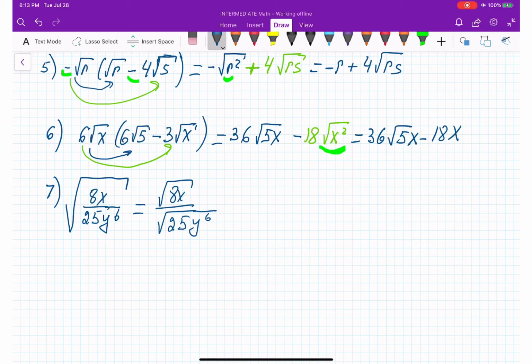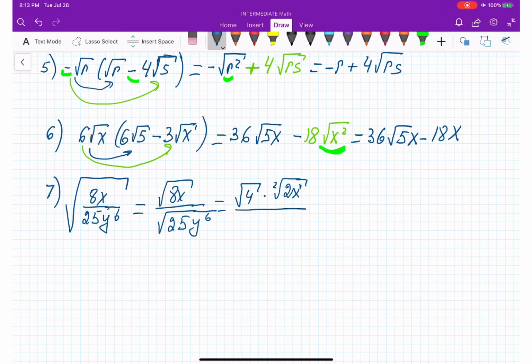Okay, square root of 8. What can I do? I can break it down. 8 is 4 and 2, right? Square root 4 and then times square root 2x. Why did I keep x with 2? Because x is not coming out. Why? Because we have here 1 but we need 2. And 2 also does not come out. A different story is 4. 2 will come out of the square root.